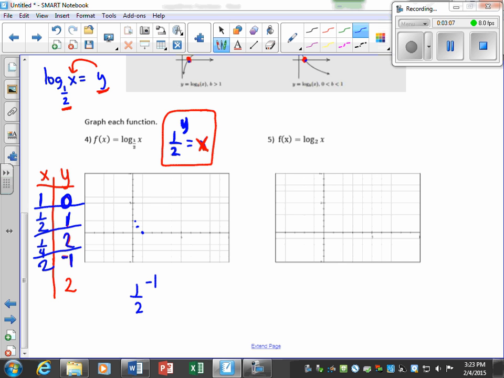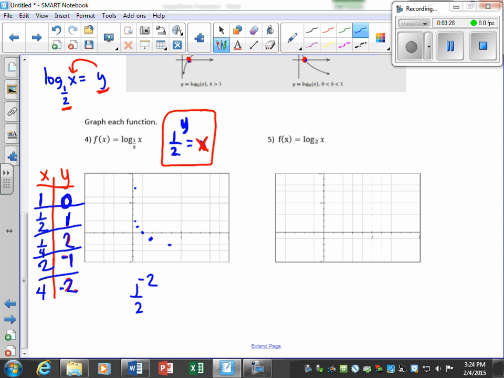So it's (2, -1), which is here. And one more time, I'm going to plug in a 2 for y, and that would give me 1/2. Actually, that's a -2, excuse me. With -2 in, I would get 4.